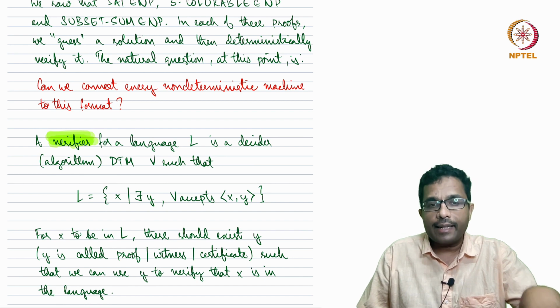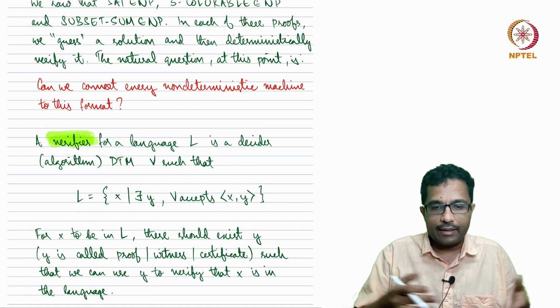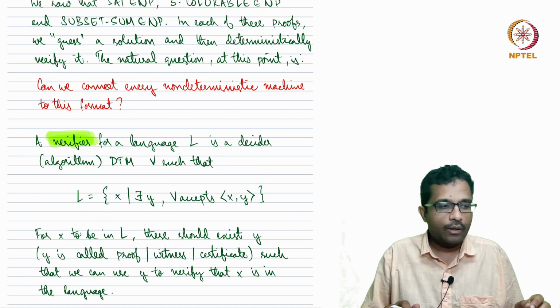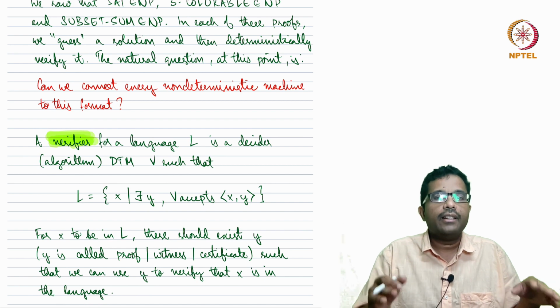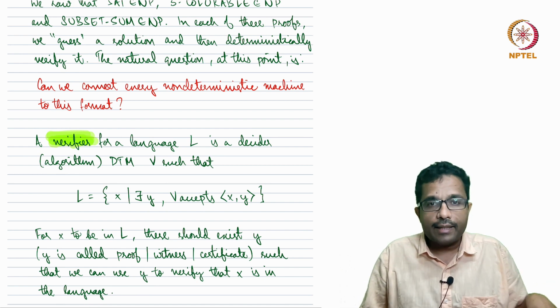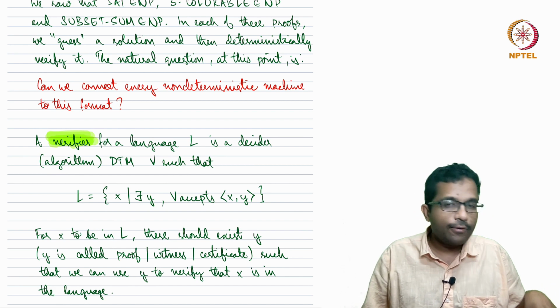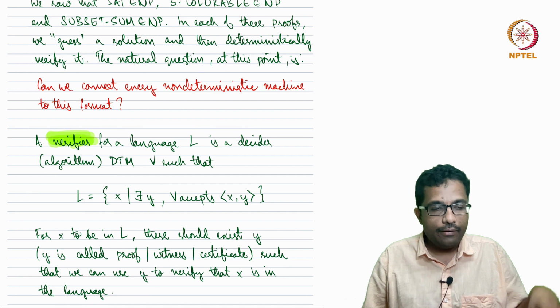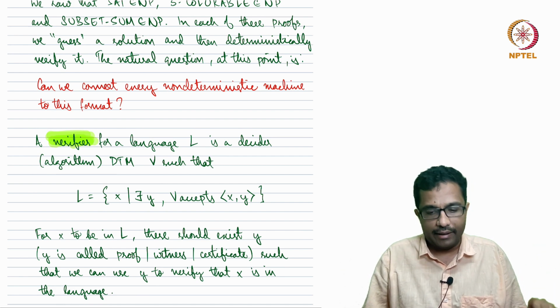Given a satisfying assignment, I can just substitute it into the formula. A satisfying assignment means x1 is true, x2 is false, some assignment which satisfies the formula. So given a satisfying assignment, it is easy for us to check that this formula is satisfiable. If we were not given a satisfying assignment, we may have to do some other thing.